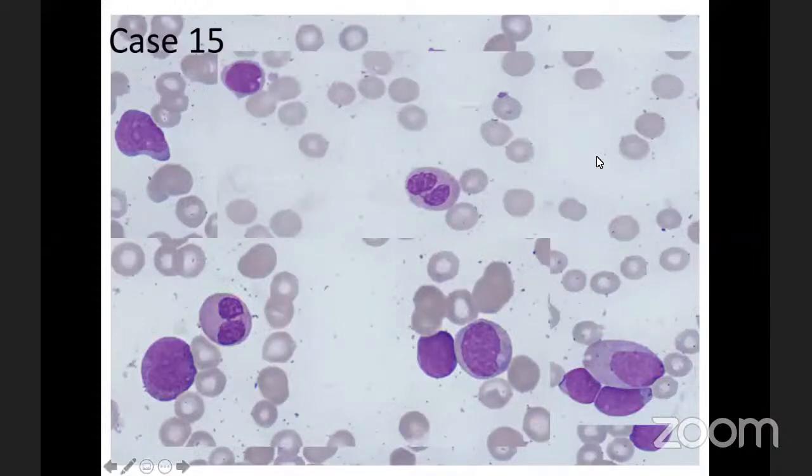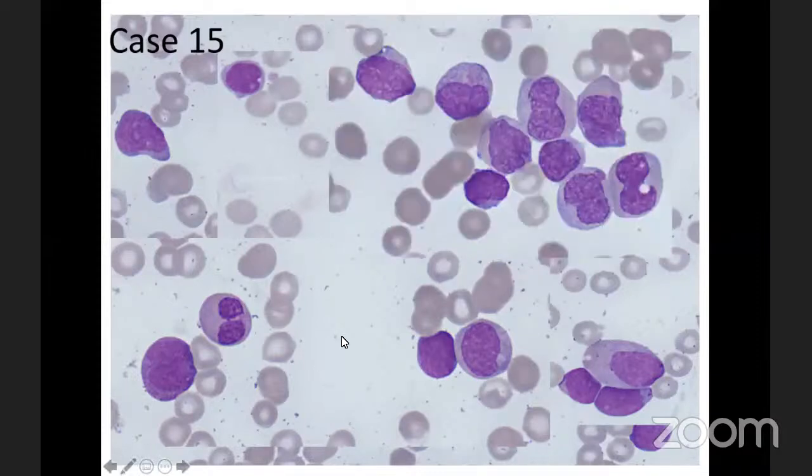So we have here pseudo-Pelger neutrophils with different range of blasts as we mentioned before. And also we have some dysplastic left shifted granulocytes, mostly hypogranular, and small blasts with irregular nuclear contour.